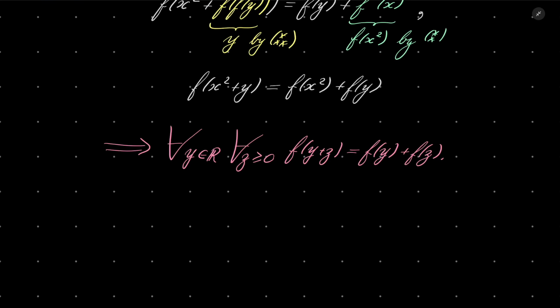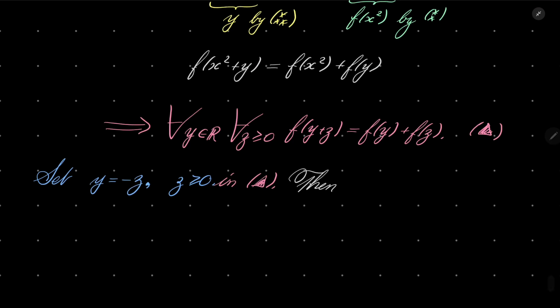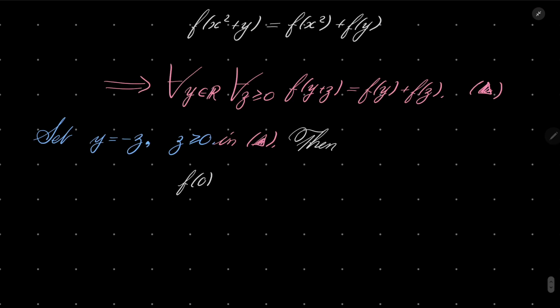Let's set now, because this holds for every real number y, y to be minus z, and z is non-negative. In what are we setting it? In condition, let's say, triangle. In condition triangle, we have the following. f of 0 equals f of y, or f of minus z, plus f of z.